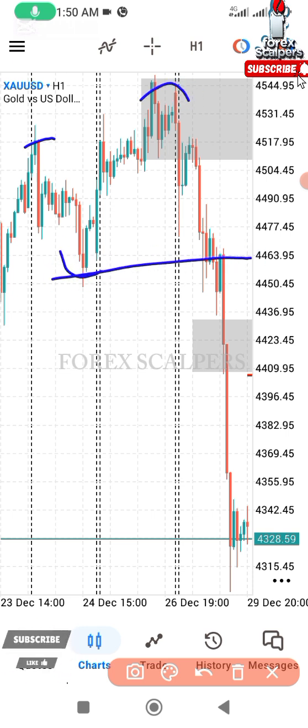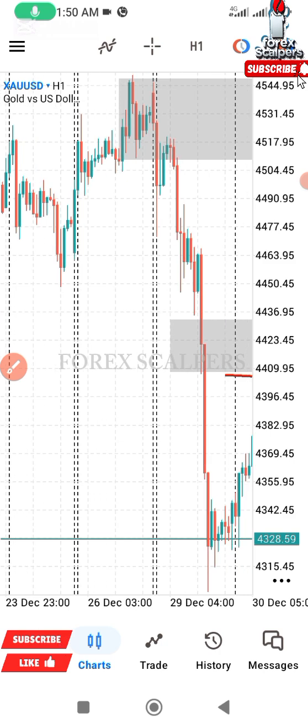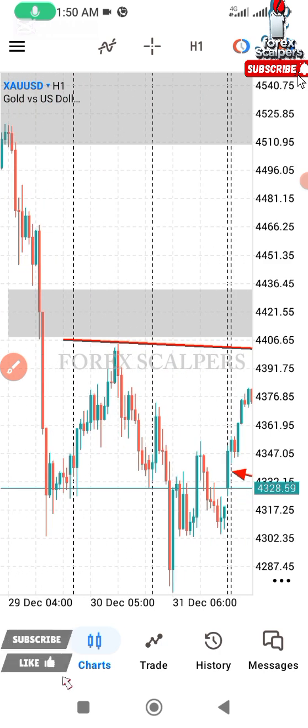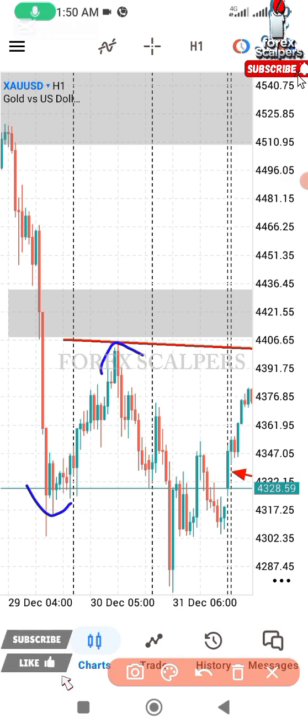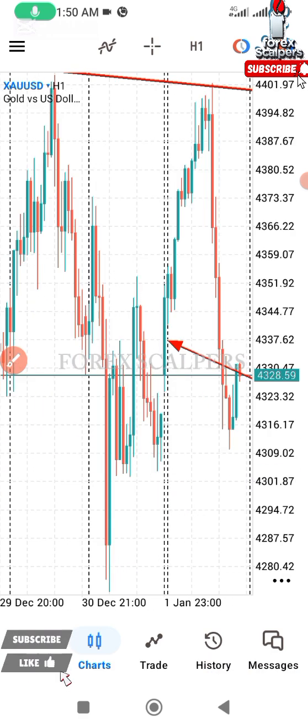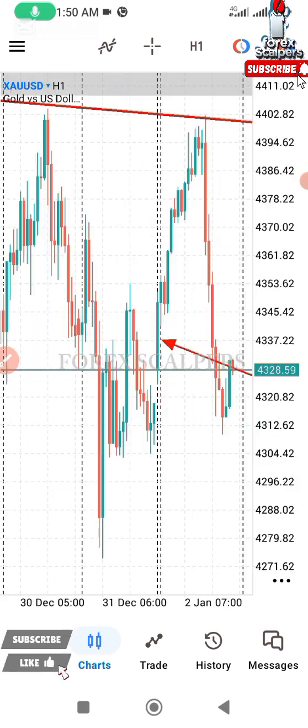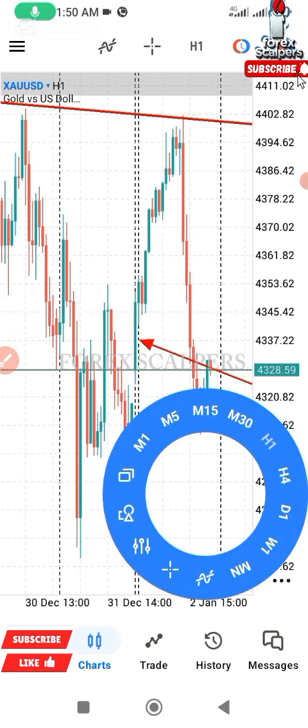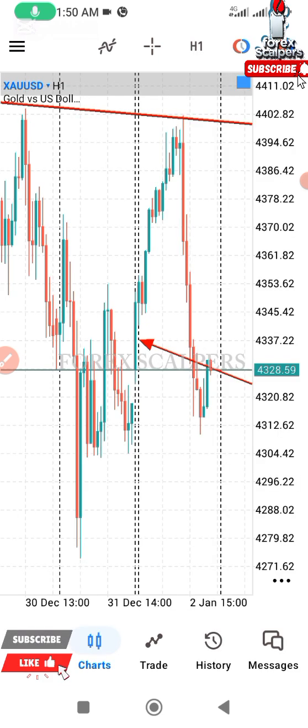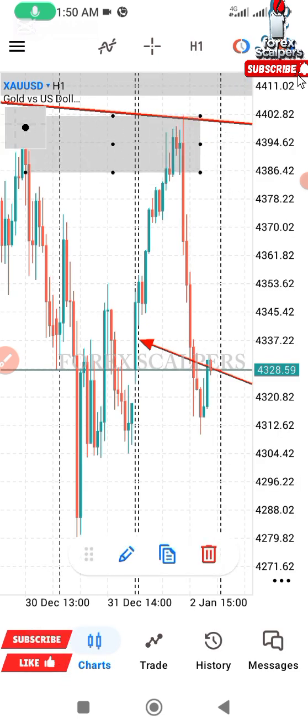Here is a break of structure, and if you look carefully, we now have another lower low, lower high, and a new lower low. So beautiful. Price has established that it is in a downtrend, and we have noticed the presence of sellers from the 1-hour time frame. For a few days now, price has been selling.